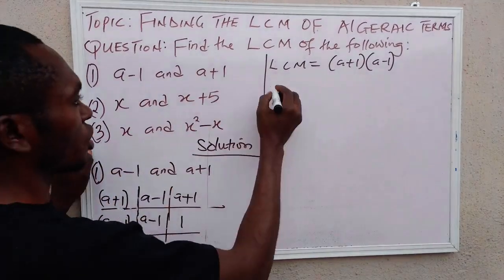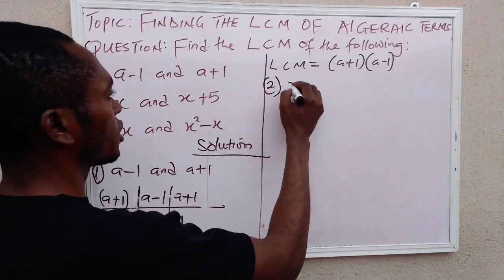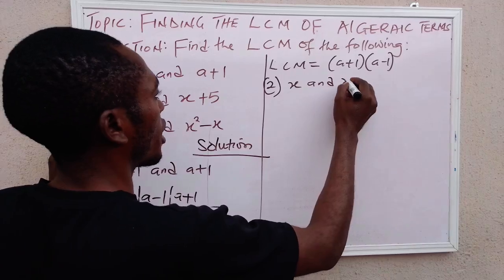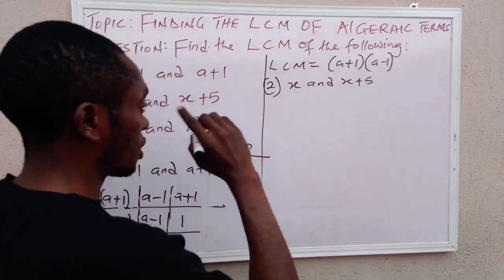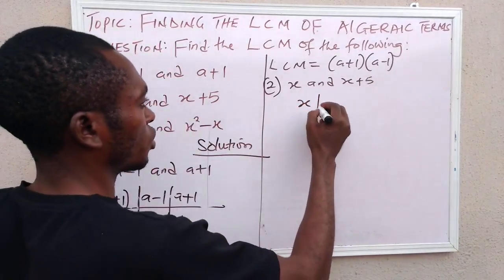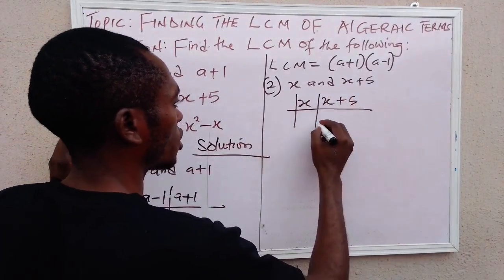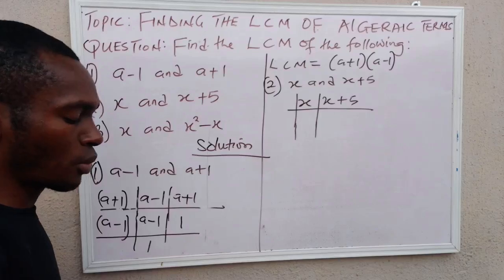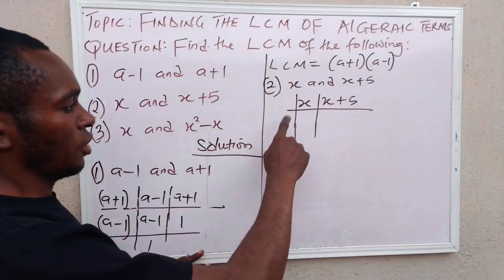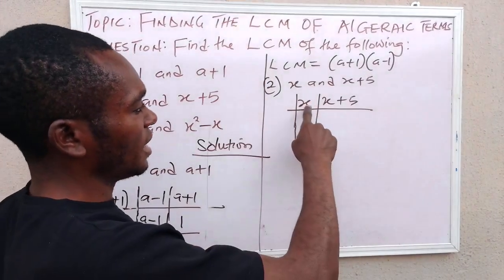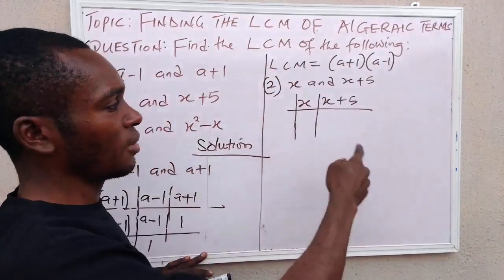Now the next thing is question 2. Question 2 says x and x plus 5. The same way, we create a table, put the first term and the next term, x plus 5. Now the same approach you will follow. What is the term that can divide either this or this, or a term that can divide both?